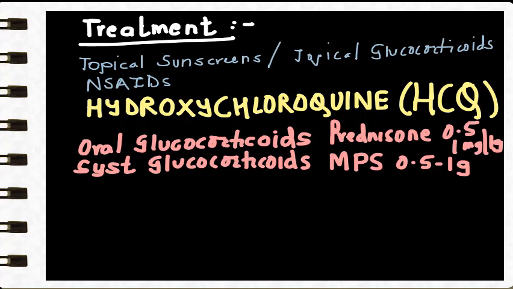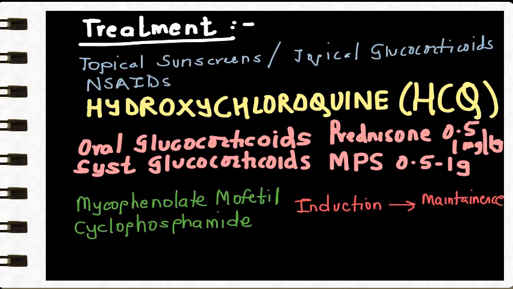If it does not respond to the above treatment, oral glucocorticoids like prednisolone or systemic glucocorticoids like methylprednisolone are used in cases of life-threatening disease or in case of flare-up of disease. Severe neurological disease, cutaneous involvement, serositis like cardiac involvement and renal involvement, and of course hematological abnormalities should be treated with glucocorticoids.